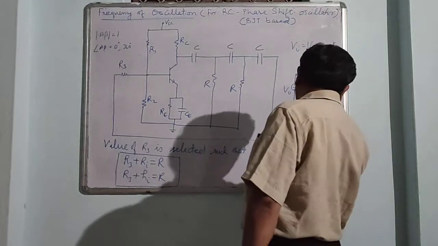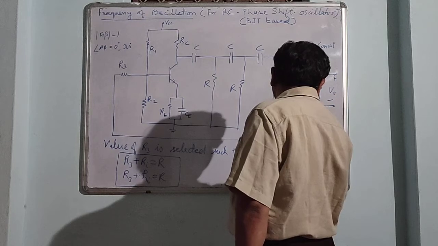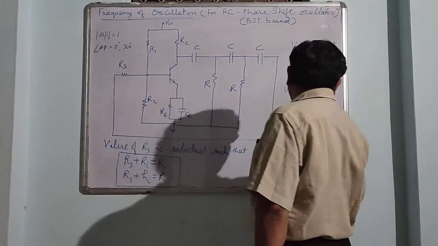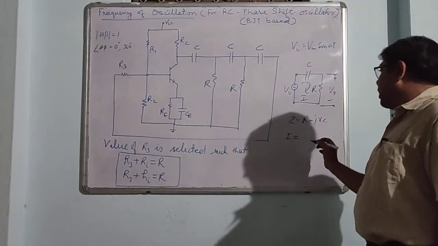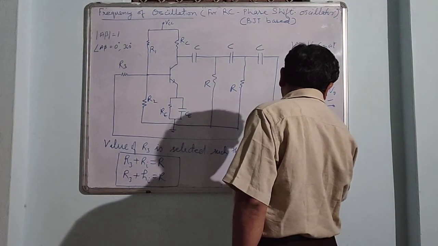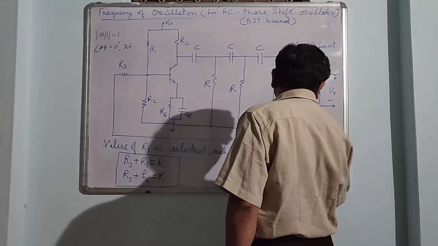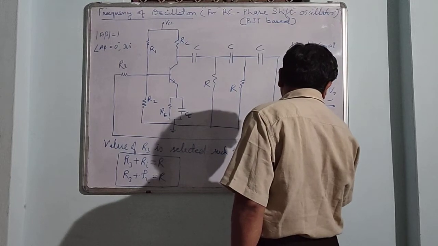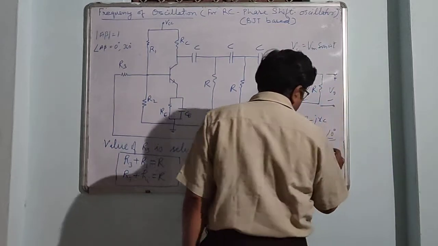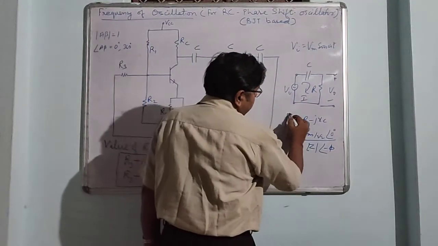And the current is given by Vm upon root 2, phase 0, divided by Z. So it is the magnitude of Z into its phase. The phase here is negative because Z is a complex number.